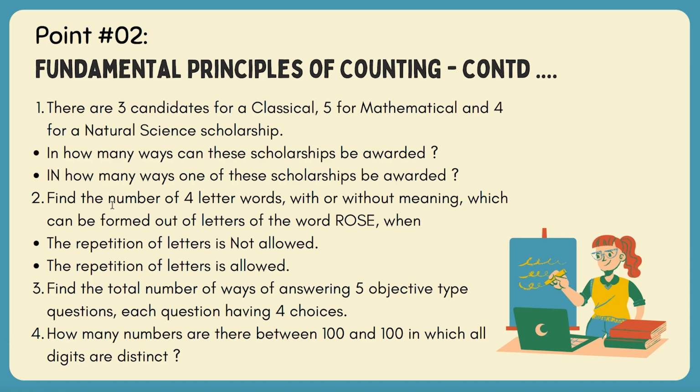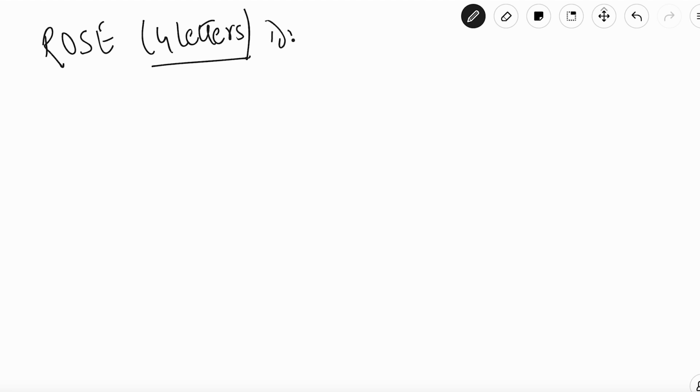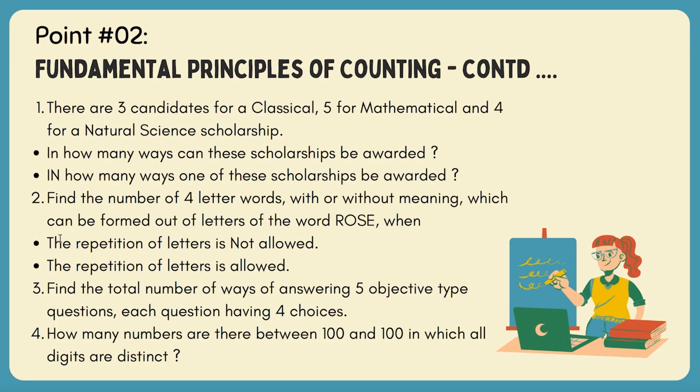The next problem is, find the number of 4-letter words, with or without meaning, which can be formed out of the letters of the word ROSE. So we have one word here, ROSE, which has 4 letters, that means they are distinct letters: R, O, S and E. Now it is saying we need to form 4-letter words.